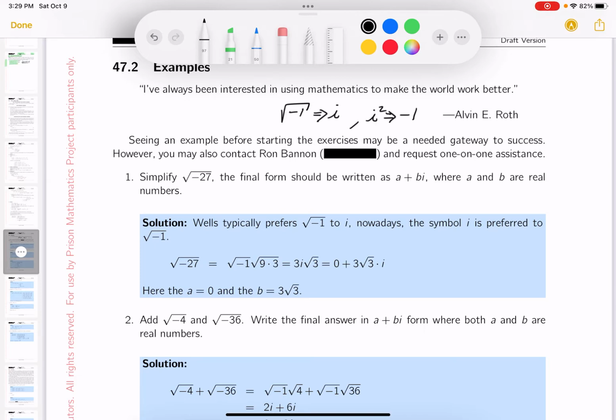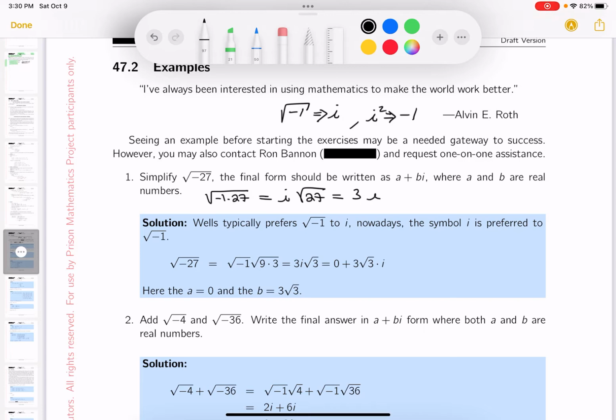All right? So I'm going to look at this, and first thing I'm seeing is that they want me to simplify the root of -27. I'll read the rest of it later. But right now, I see -1, and I see 27. So my goal is to get that root of -1. I'll write down i, and then I see root 27. The root 27 contains a perfect square factor, and that perfect square factor is 9, and the square root of 9 is 3.